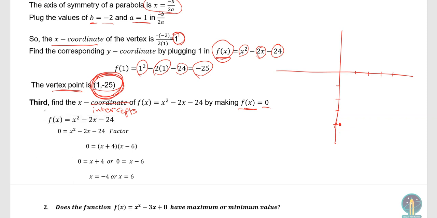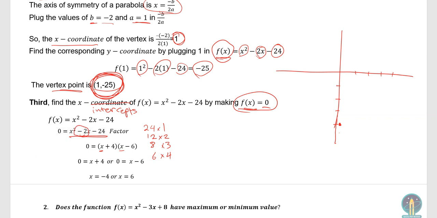So again, setting f of x equal to 0, we get 0 equals x squared minus 2x minus 24. We factor this, just like we factor polynomials, like we've learned in a previous concept. x squared factors to x times x, and minus 24 will have factors 24 times 1, or 12 times 2, or 8 times 3, or 6 times 4, etc. Now we need two factors that, when added or subtracted somehow, give us minus 2.